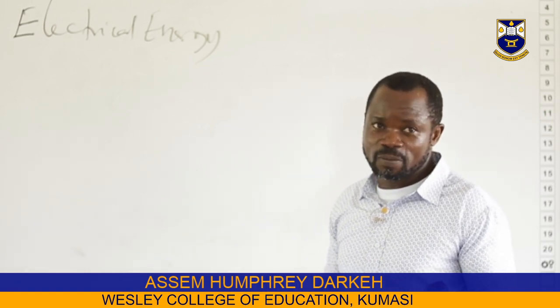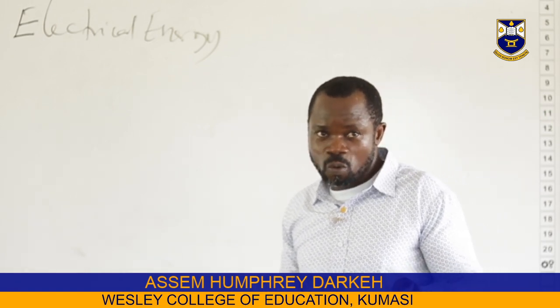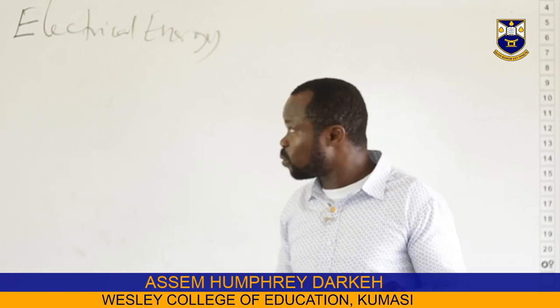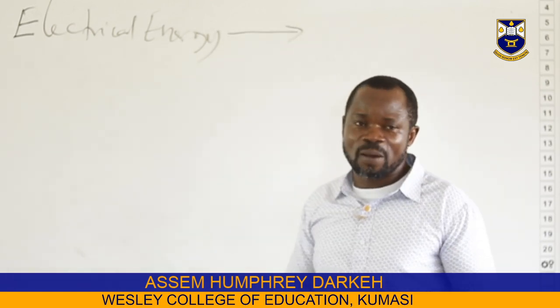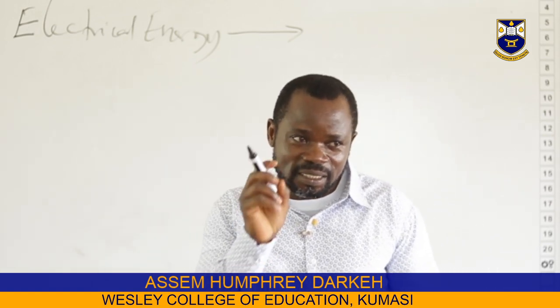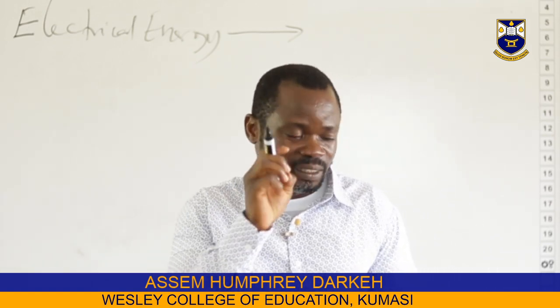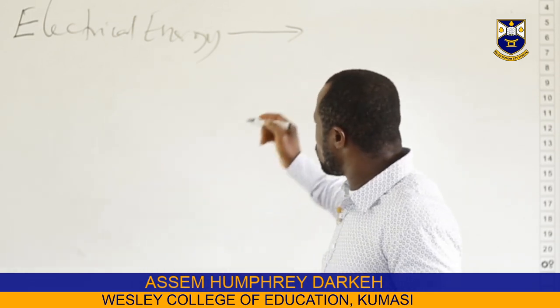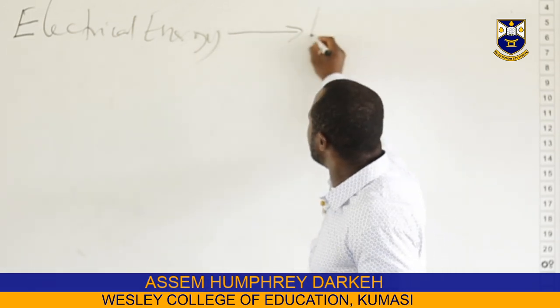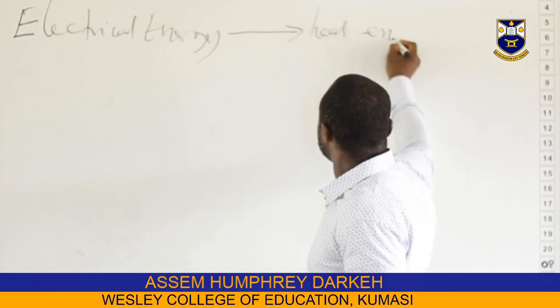It's a form of energy, but it's a source from which this bulb may work. Then I know that that tungsten filament bulb contains an element called tungsten. The element will have to heat up. So it means that the electrical energy will first change to heat energy.